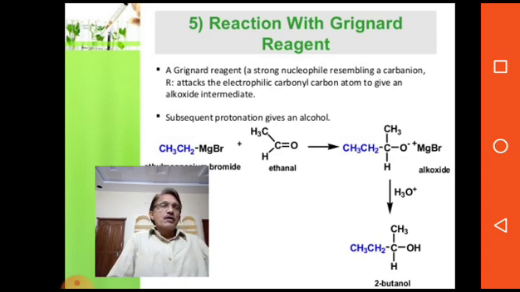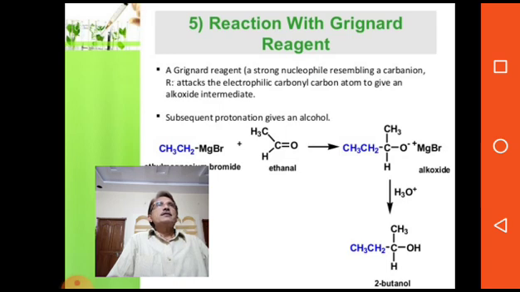There will be a change in the rate of reaction. Aldehydes undergo oxidation very easily, whereas the speed of oxidation is slow in the case of ketones. Most of the chemical properties of aldehydes and ketones are identical.